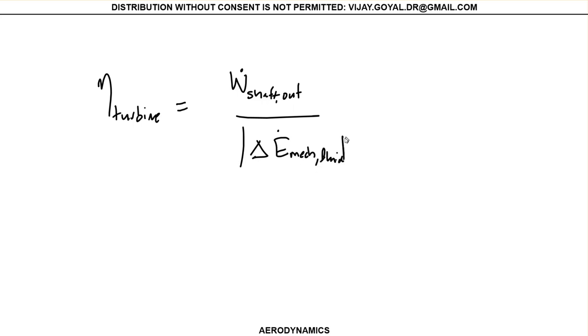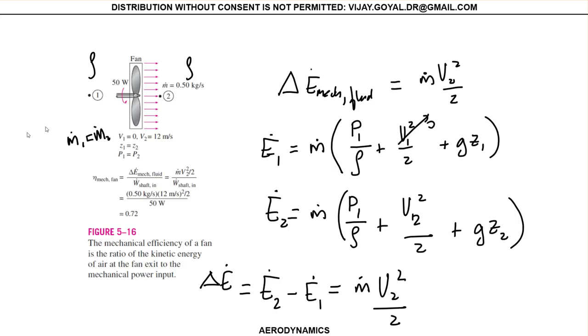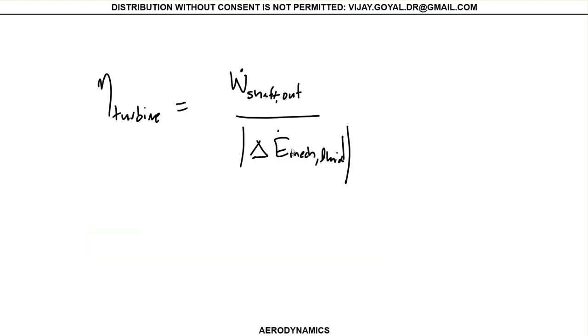Okay, just the way we did it there, just the way we did in this problem, right? This is the delta E mechanical fluid. So this is this guy right here, okay? So here you just take it opposite, and you can also show this is the same as W turbine, the power that the turbine is generating, over the power that your problem is using.